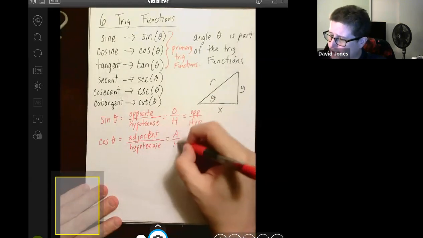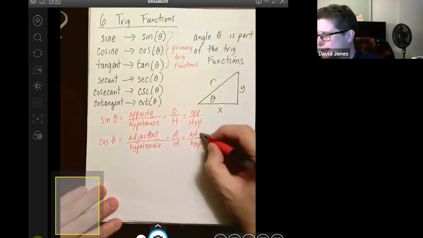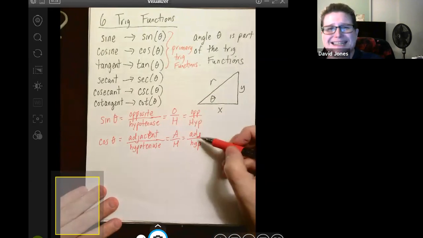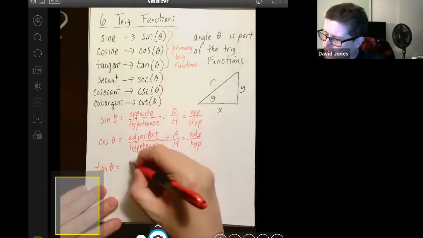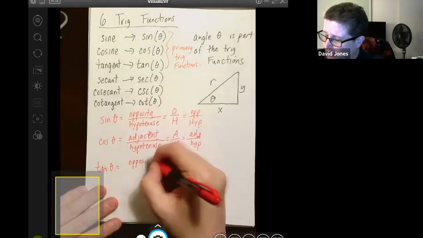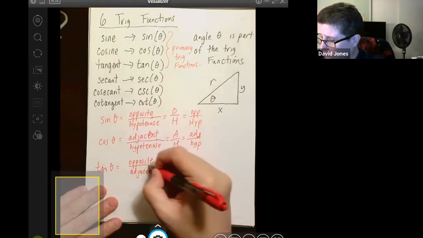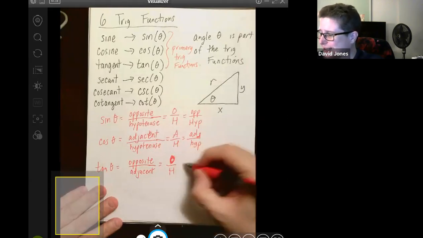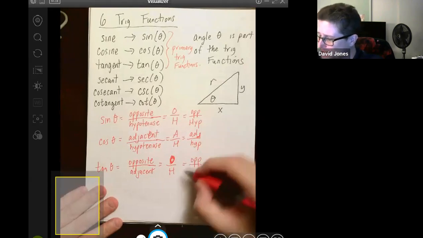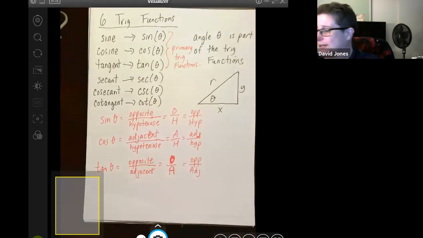A over H, or if you like using the 3 letters, helps make it clear what it is. Adjacent means next to. Finally, tangent theta is opposite over adjacent.